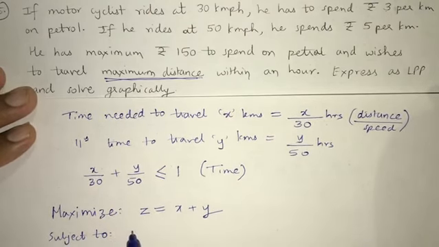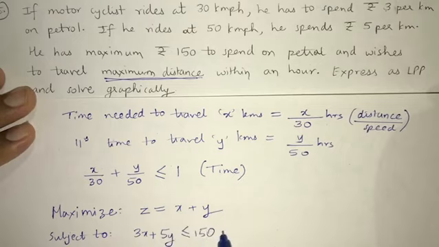The first constraint is the money constraint: 3x plus 5y cannot exceed 150. The second constraint is x by 30 plus y by 50 cannot exceed 1.